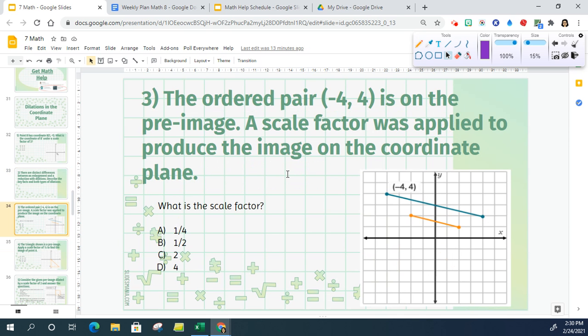Number 3 says, the ordered pair -4, 4 is on the pre-image. So this is the pre. A scale factor was applied to produce the new image, this yellow one. We have to figure out what the scale factor is. We know the pre-point is -4, 4. If I label this A and B, what's the matching letter to this point right here?